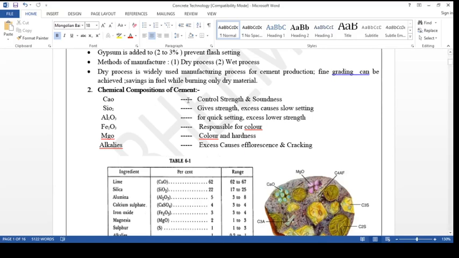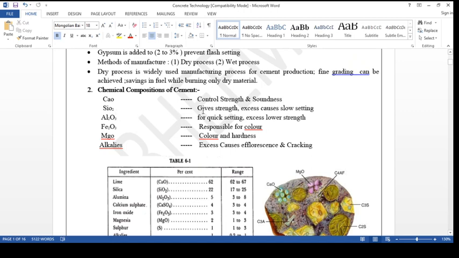Chemical composition of cement. CaO means lime. It is used to control the strength and soundness. SiO2 means silica.